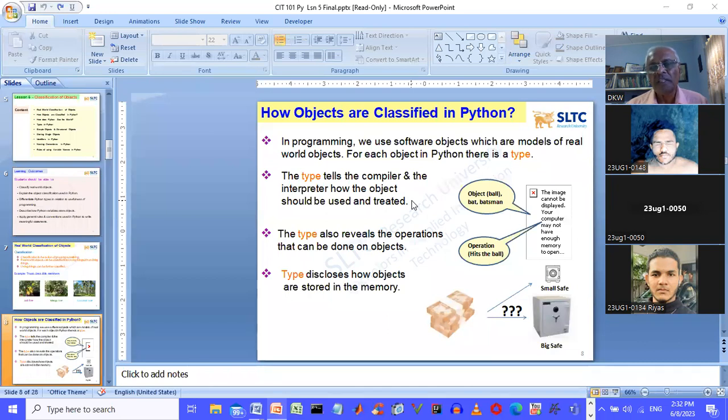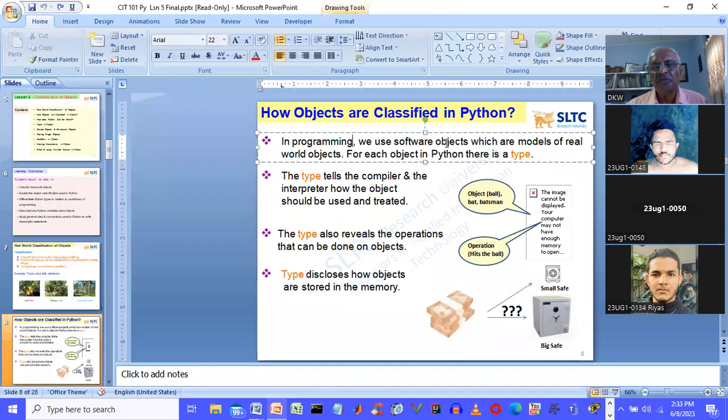In the computer, we call them software. Can you touch software? No. Intangible, but they are objects. So in programming, what you do really is use software objects, which are models of the real world objects.